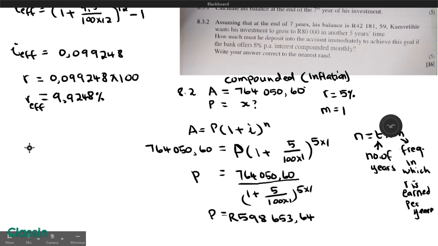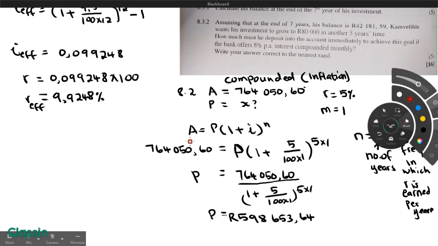Or alternatively, if you are calculating the value of P, you can simply say P is equal to A times (1 plus i) to the power of negative n. Now, here it says negative, there it says positive. The reason is P and A have swapped.